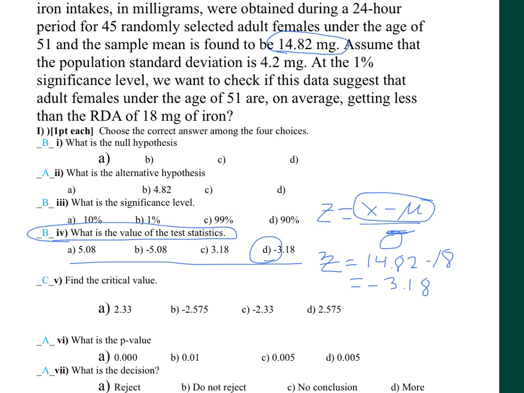Unless I'm missing something with the standard deviation, it doesn't look like they've divided by the standard deviation. And that's the only way that I can see that they would get a different answer than the 3.18. So otherwise, I'm not really sure where those 5.08 answers came from and why one of those would be correct rather than the negative 3.18.